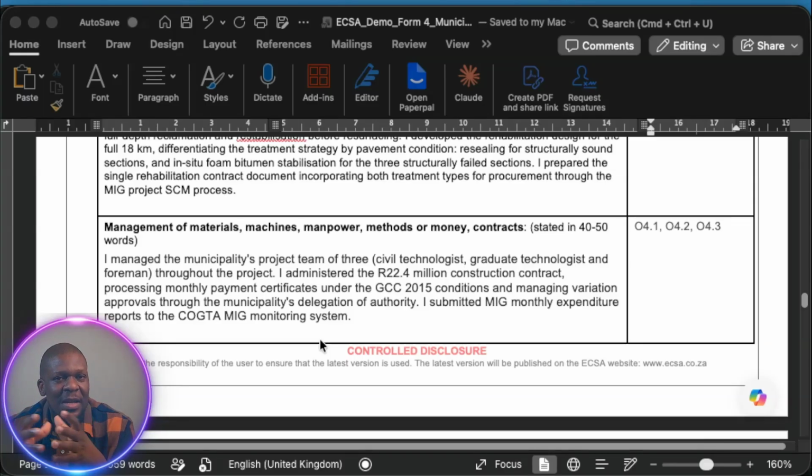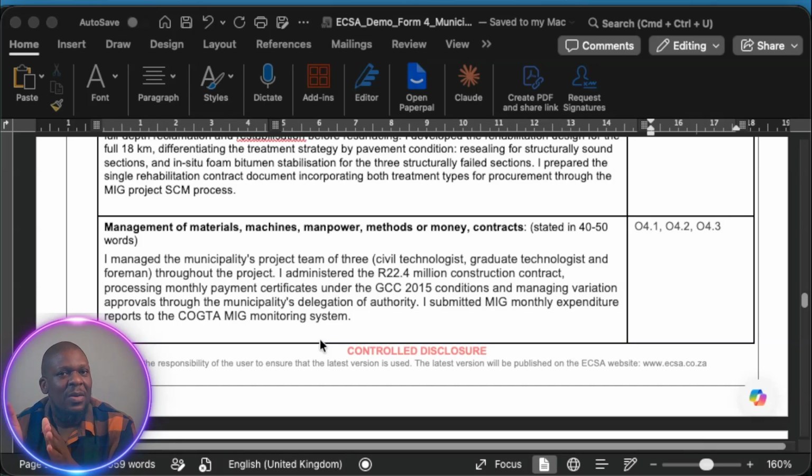I administered the 22 million allocated for this project. So you are responsible for administering that budget and processing payment certificates in terms of GCC. You are responsible for managing variation approval in terms of delegation of authority in the municipality.